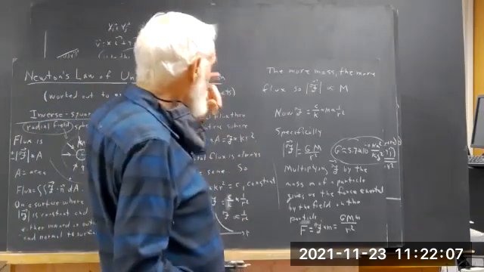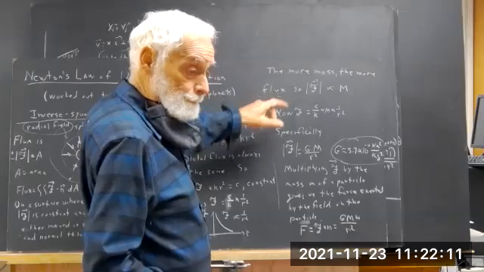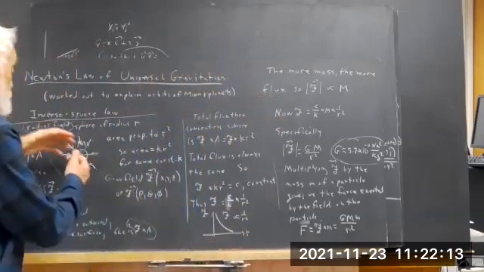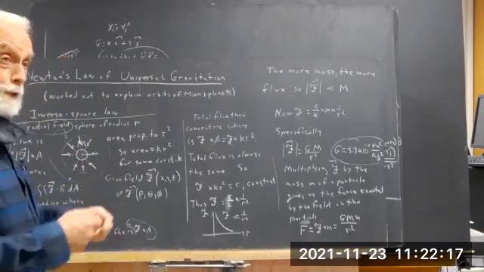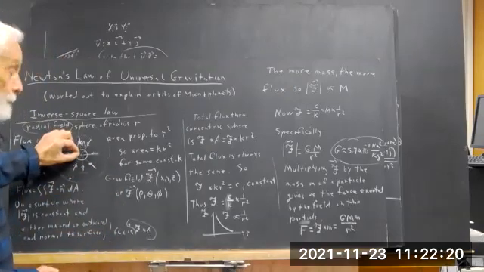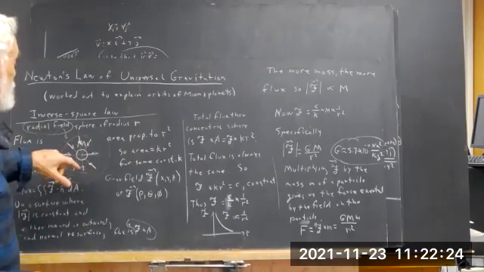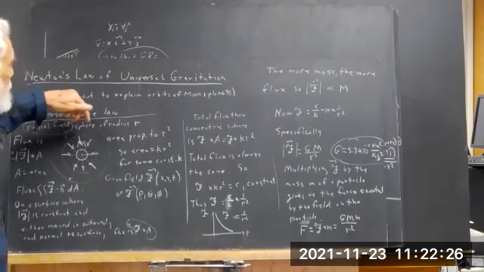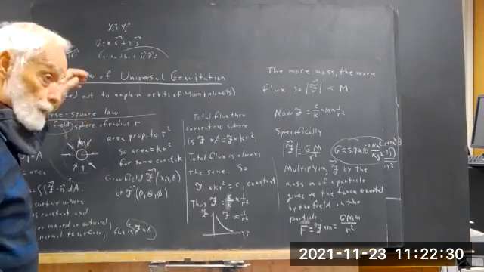So we want to say then that the more mass, the more flux, because the more mass, the more attraction. If I double the mass, I'm going to get twice the attraction. It's like I've got a mass here, and I put another mass on top of it. Well, then I've got the field from the first mass plus the field from the second mass, which just doubles the field.